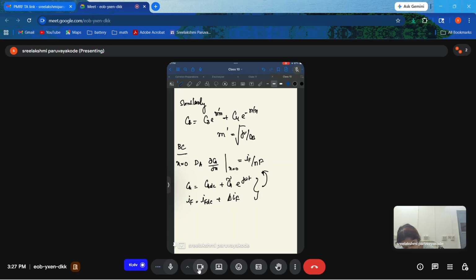CA DC is a constant, so that will get cancelled. e raised to j omega t dA ∂CA del by ∂x at x equal to 0 equals del IF by nF. IF AC is also not considered, or it becomes IF AC by nF. Now this can also be written as del IF e raised to j omega t by nF.